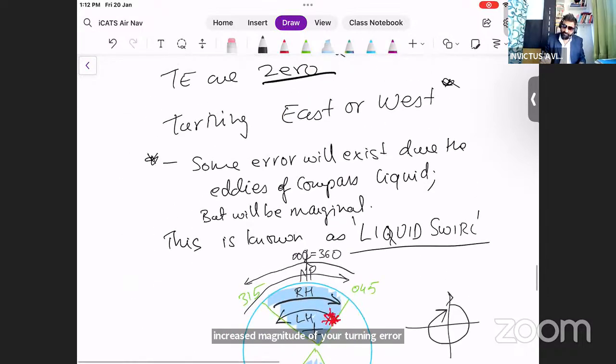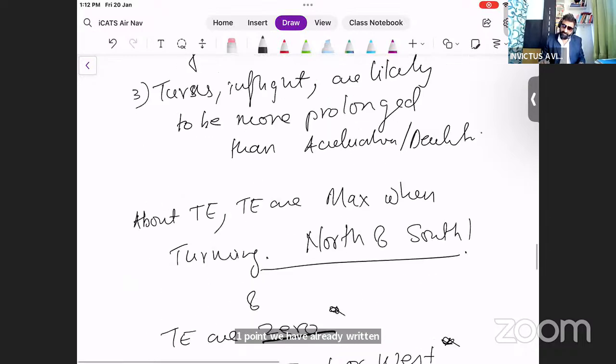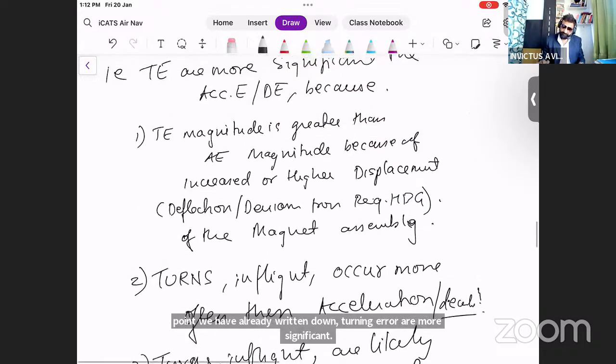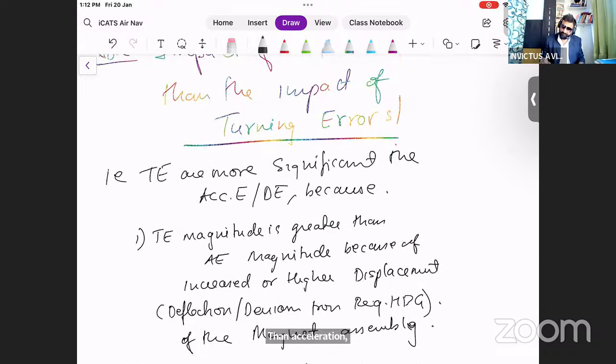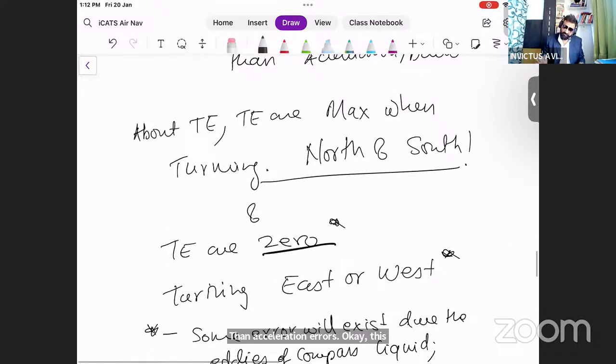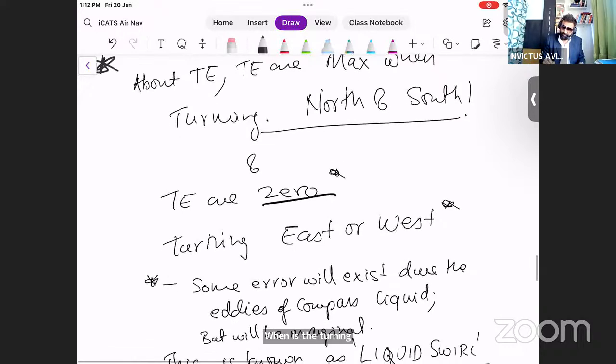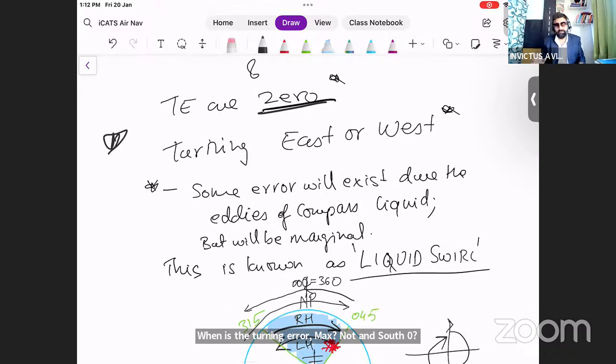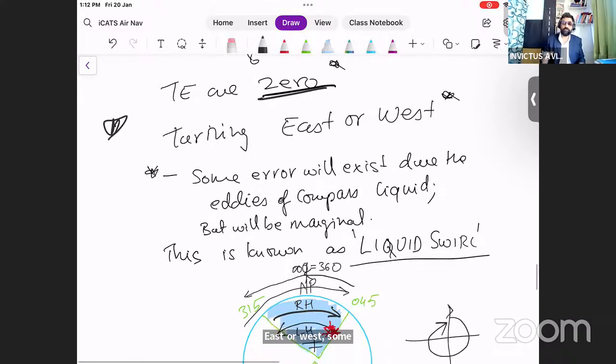One point we have already written down, turning errors are more significant than acceleration errors. Okay, this point. When is the turning error max? North and south, 0, east or west. Some variation will be there with respect to liquid swirl. We know what liquid swirl is.